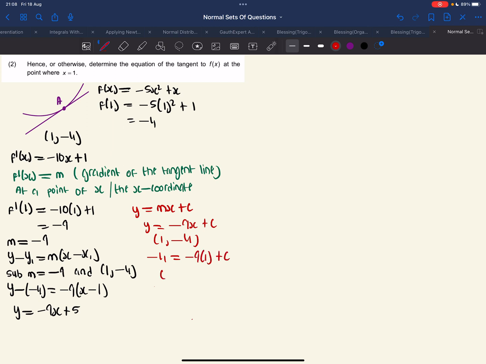Then separating c alone, you get minus 4 plus 9, which is 5. So therefore y equals minus 9x plus 5. Okay, so this is how you could have gotten the answer to the question given here.